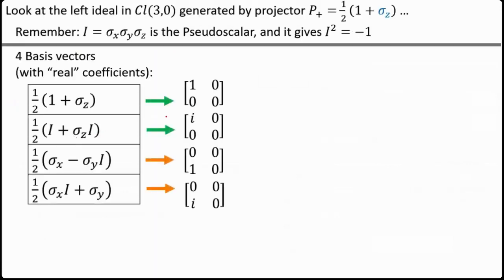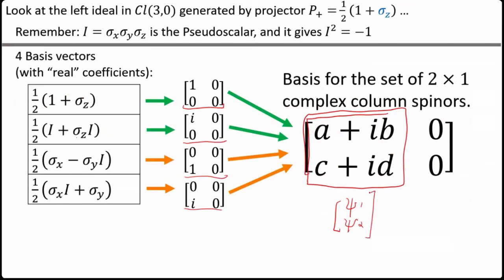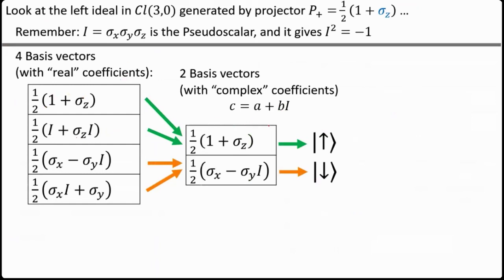And I showed that these are not very scary in terms of the matrix form. They just give you the first column. Again, this is a column spinor, like 1 and 2. I said that these were the spin up and spin down states.